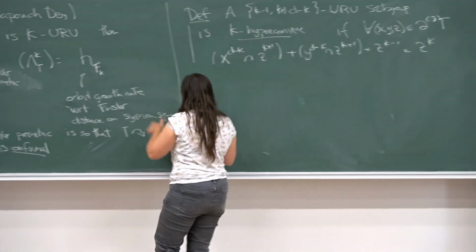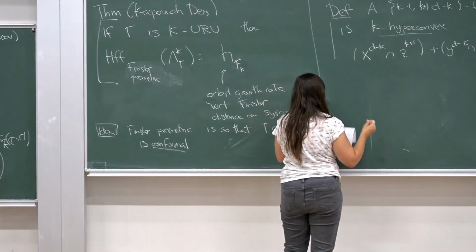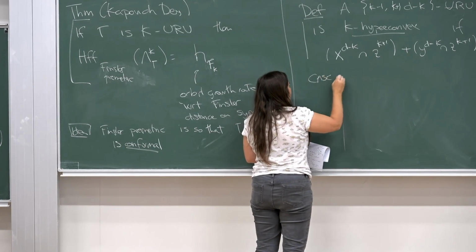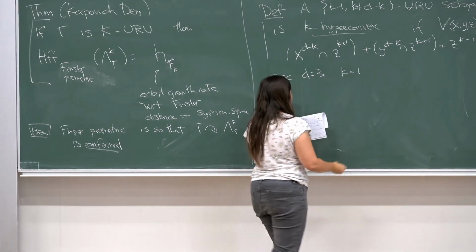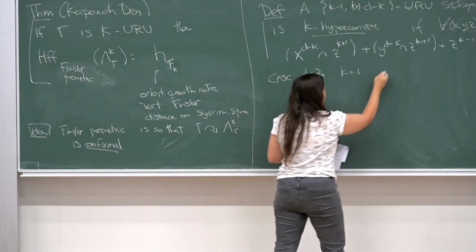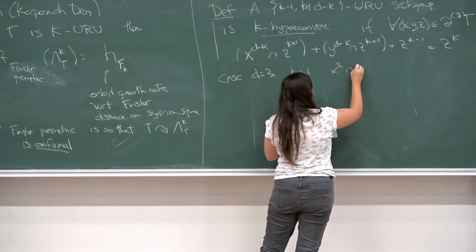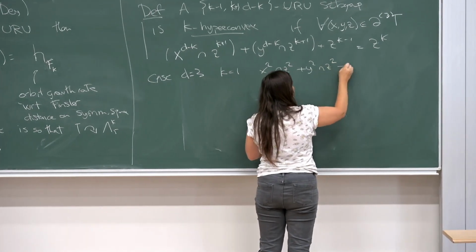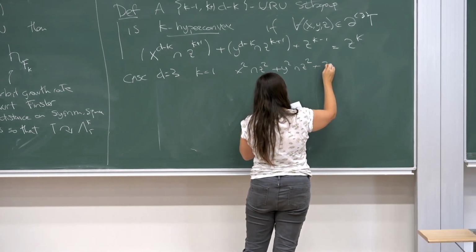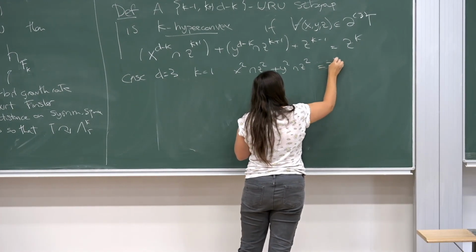And this condition is saying that, let me take the case d equal 3 and k equal 1. This becomes that x^2 intersected with z^2 plus y^2 intersected with z^2 plus nothing is equal to z^2.